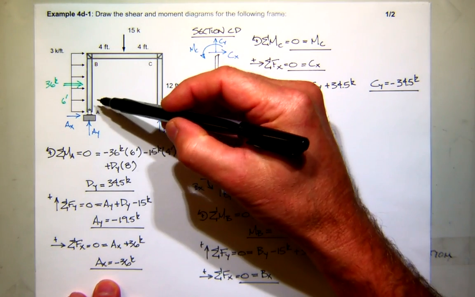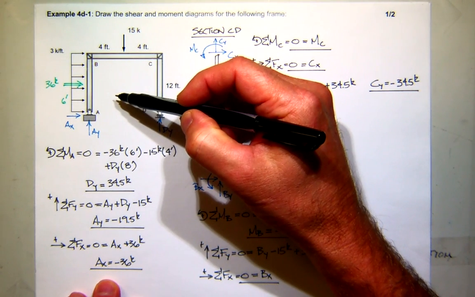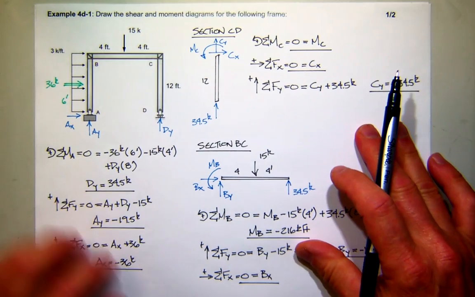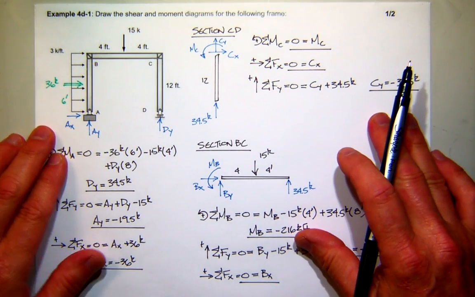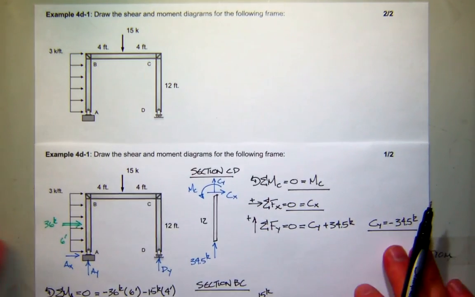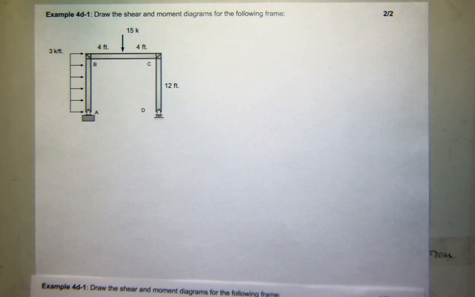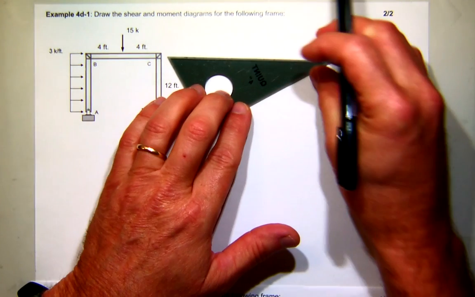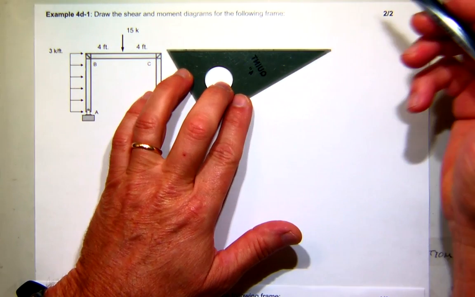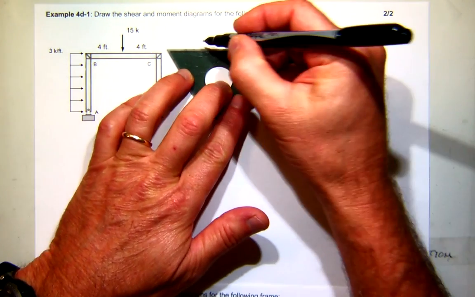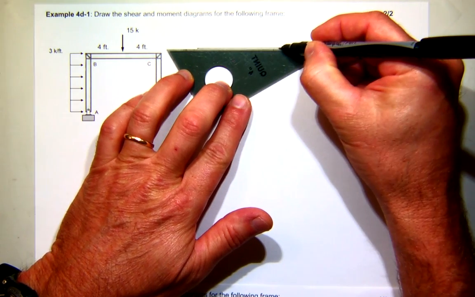And you know what I like to do is go ahead and rotate this so it looks kind of like a regular beam. So I'm going to slide this out of the way, come over here, and draw this in. I would draw it something like this.